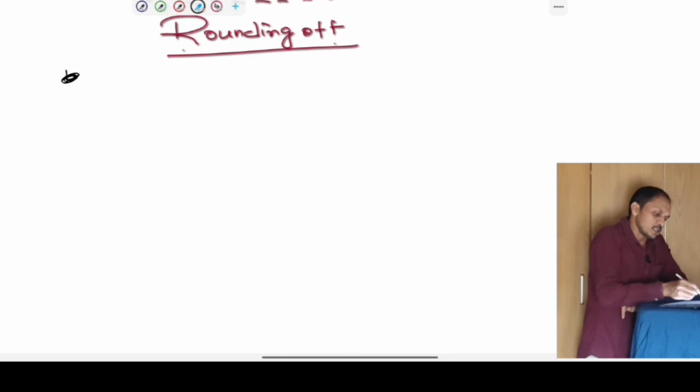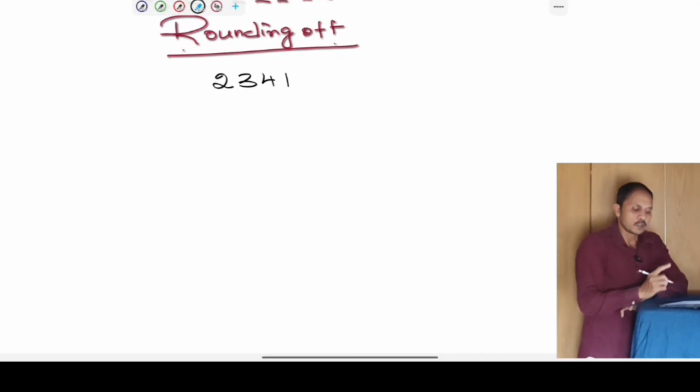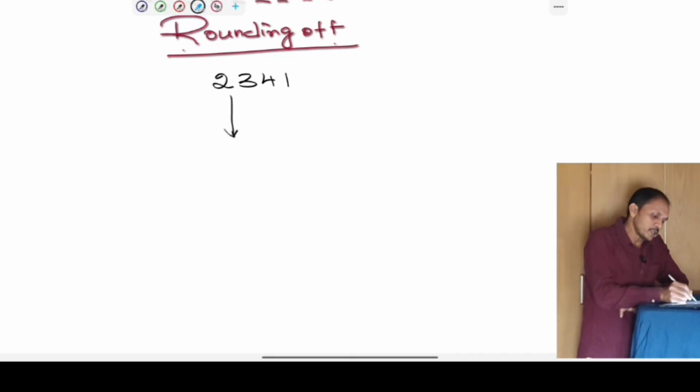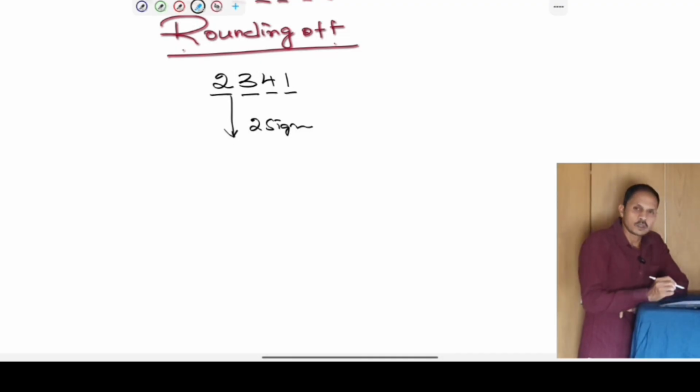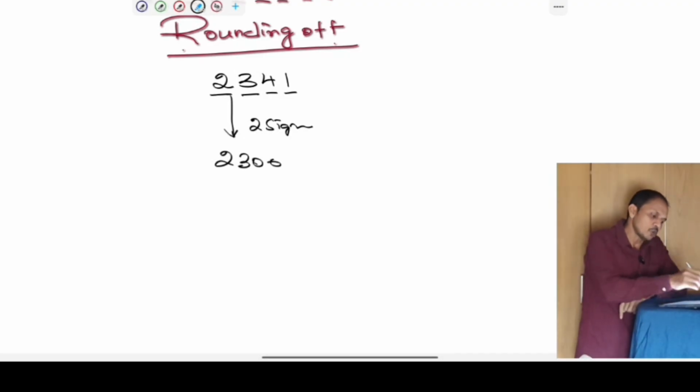Let's start with an example. There is a number like 2341. There are 4 digits, all are significant non-zero numbers. I asked you to round it off and write it in only 2 significant figures. So 2341, we can say it is nearly 2300. This is rounding off, correct? But how do we do this?